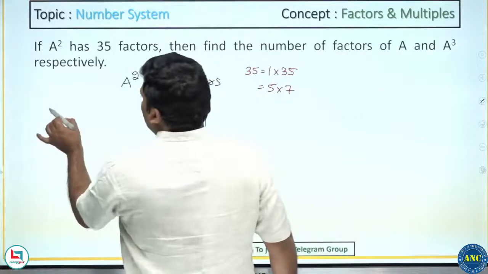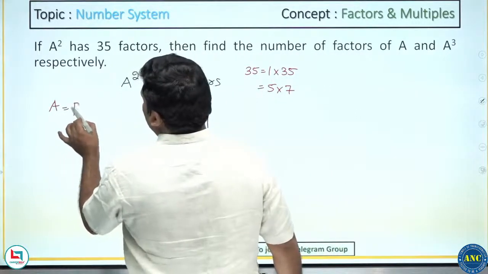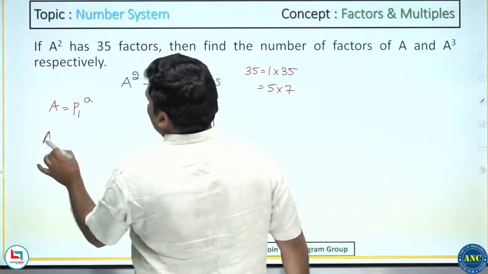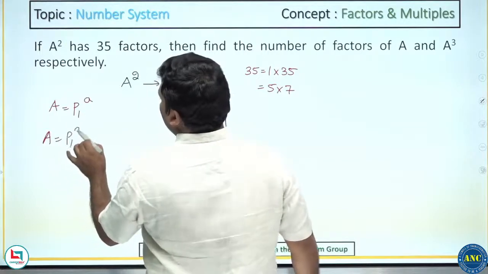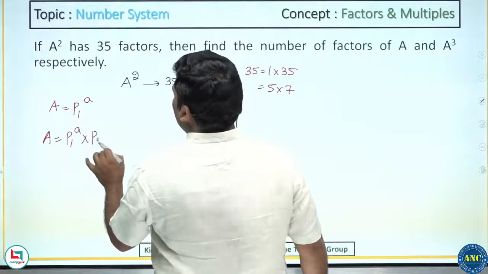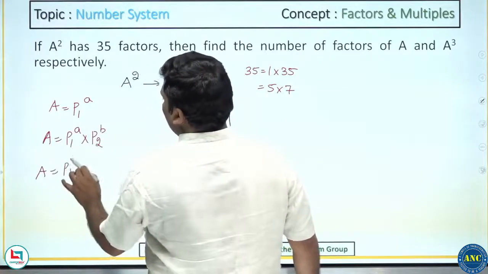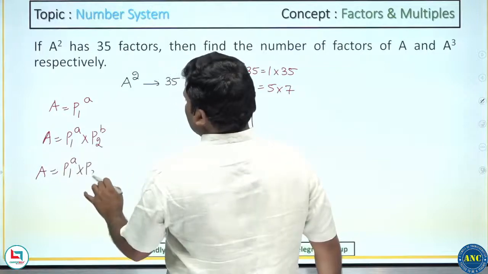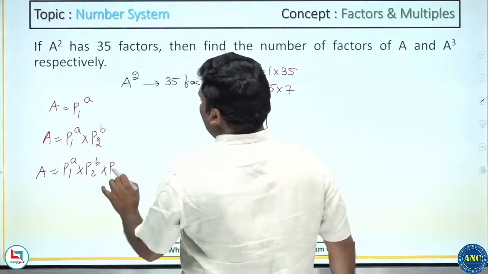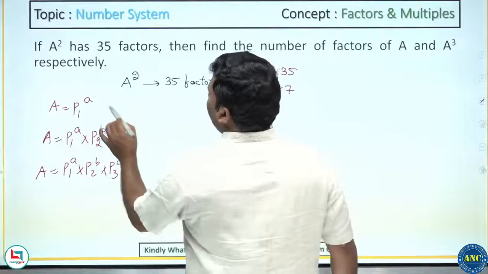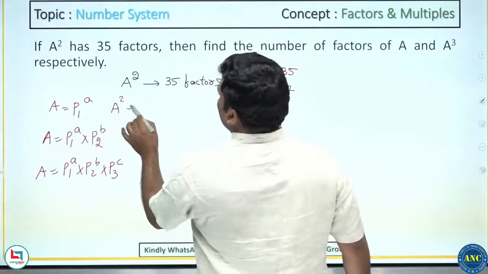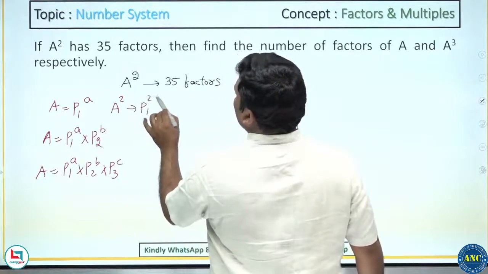That means A can have a single prime base, P1 power a. A can have 2 prime bases, P1 power a into P2 power b. Let me see whether it can have more than 2 prime bases. A square means P1 power 2a.